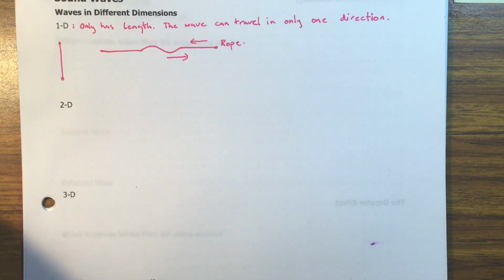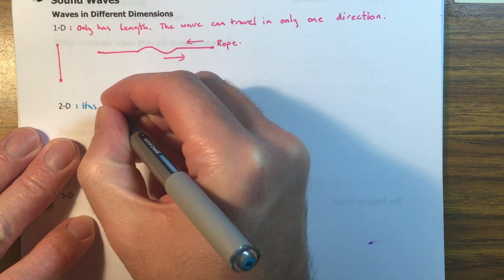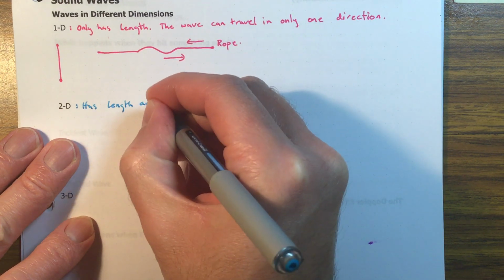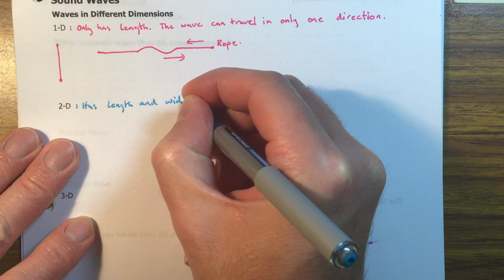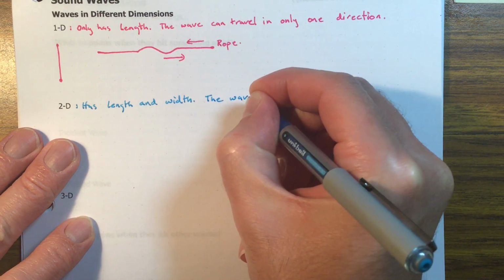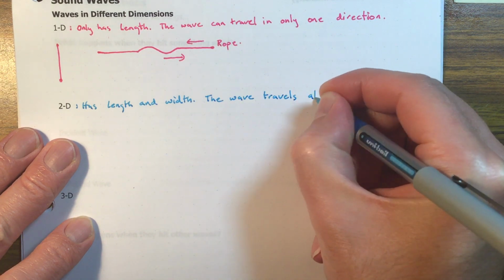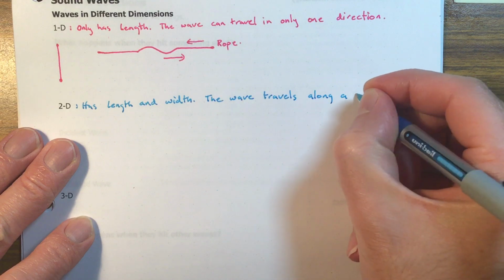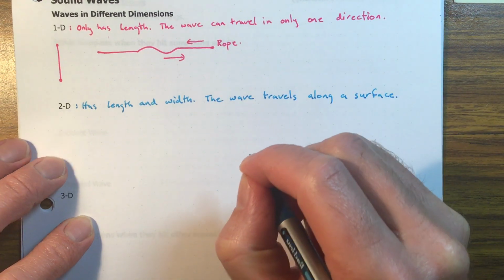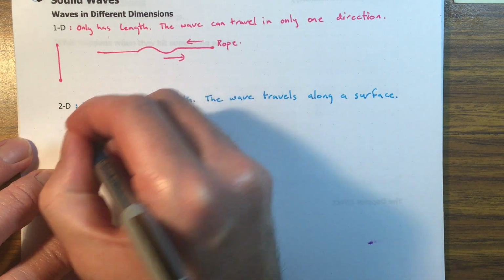A two-dimensional wave has a length and width. Think area. The wave travels along a surface, and can go in many directions along the surface. And can go in any direction.